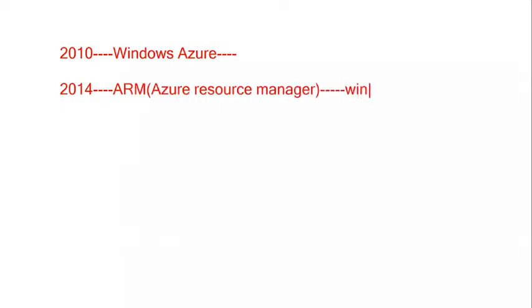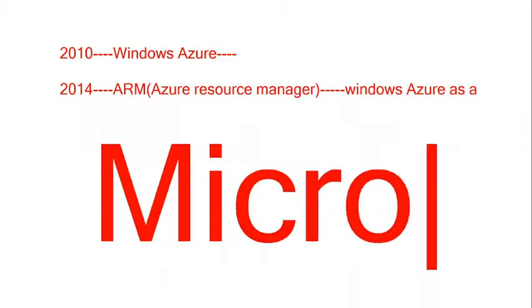Later, in 2014, they introduced a new deployment model called ARM, Azure Resource Manager, and they renamed Windows Azure as Microsoft Azure.